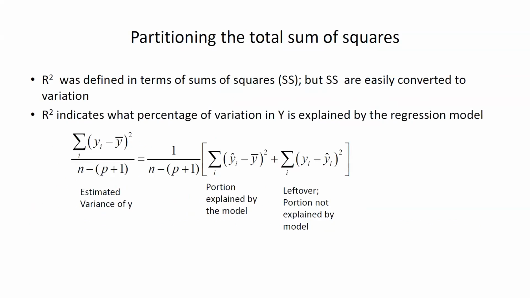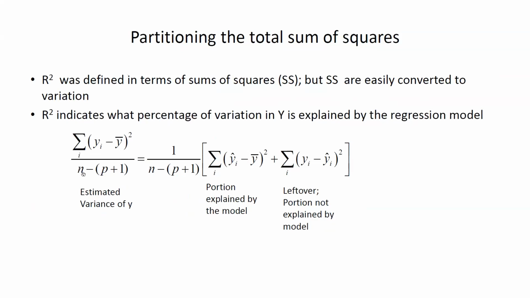And that's because the sums of squares are easily converted to variation simply by just dividing by a constant. So if we have the sums of squares total on the left-hand side here and divide that by n minus (p plus 1), p the number of x variables, plus 1 for the beta 0, we have here the estimated variance.